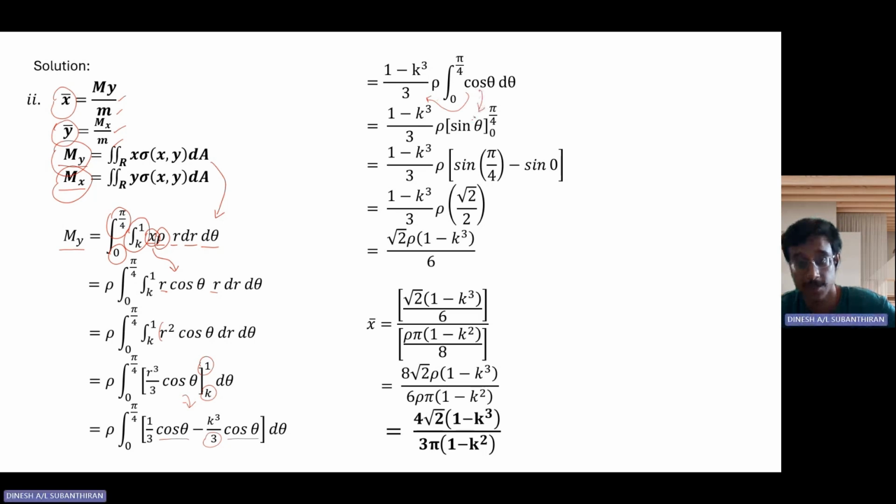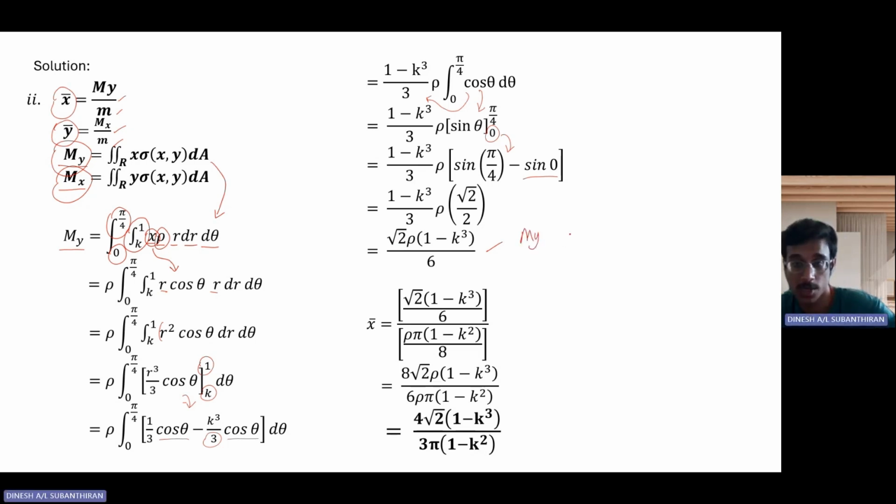The cos θ will become sin θ in bracket with limits π/4 and 0. We substitute the limits in θ, and the solution will be sin π/4 minus sin 0. So sin 0 is equal to 0 and sin π/4 is equal to √2/2. And the value of My will be √2 ρ (1 − k³)/6.